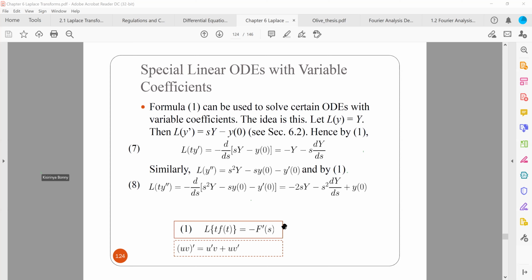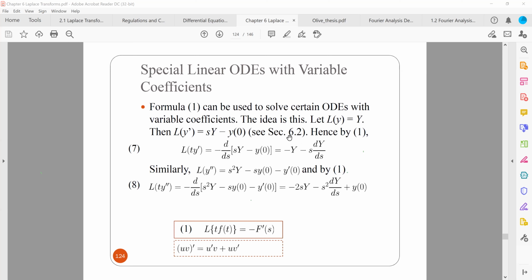Essentially, if you have an equation of this format, with t dy/dt, anytime you have this expression, t dy/dt, you know that you can replace it with this. This was from section 6.2, what we looked at sometime last week.